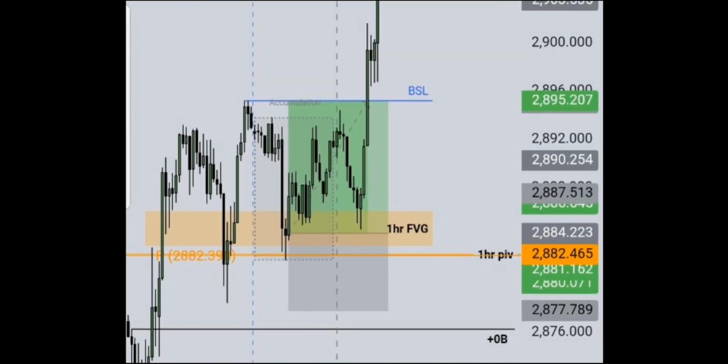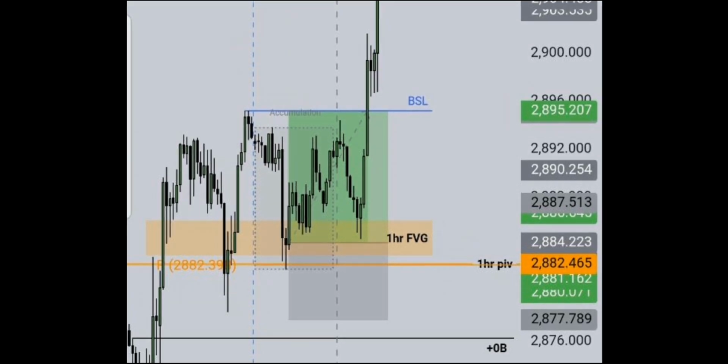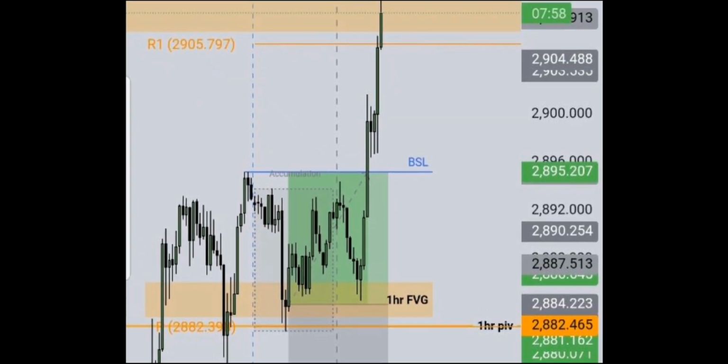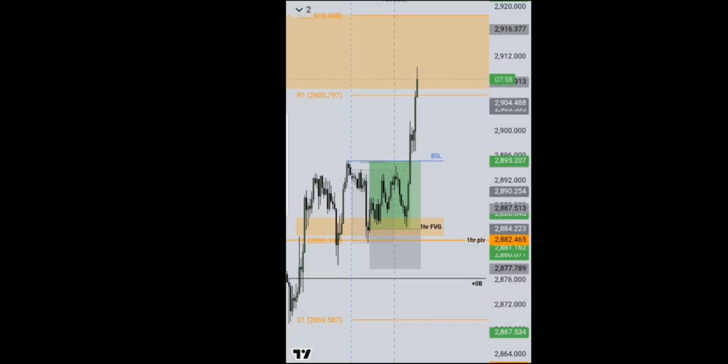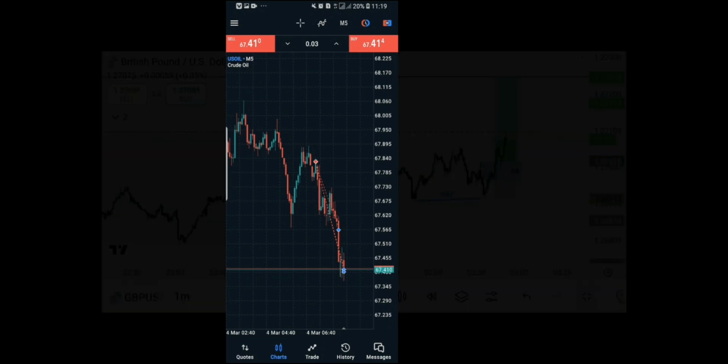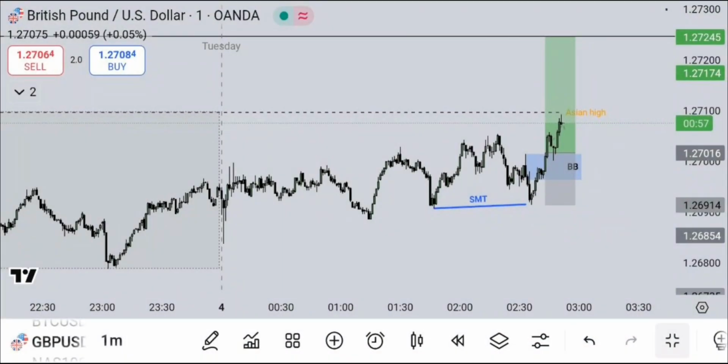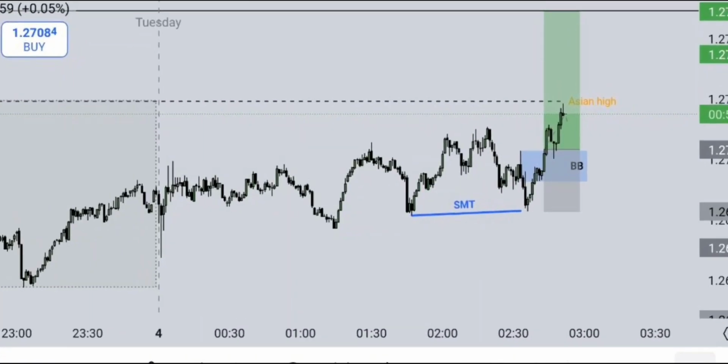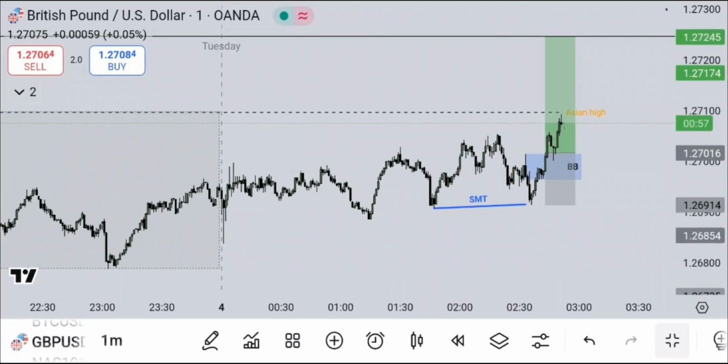And for this one, I actually didn't execute on my prop firm account, but I did execute it on my personal account, right? So this was US oil trade. Then I saw this GBP USD. I saw a certain SMT forming with Euro USD.